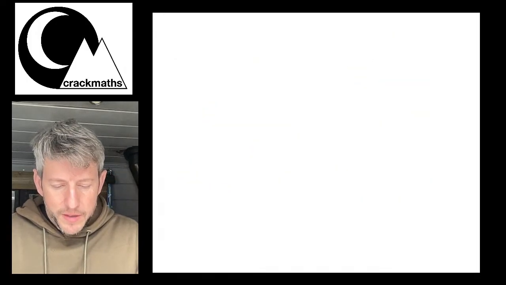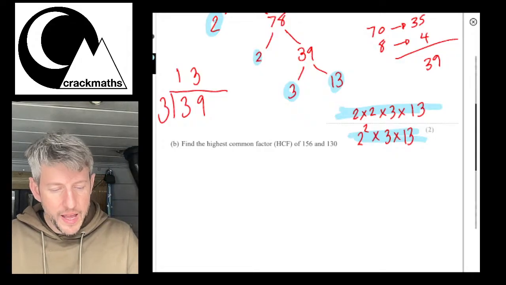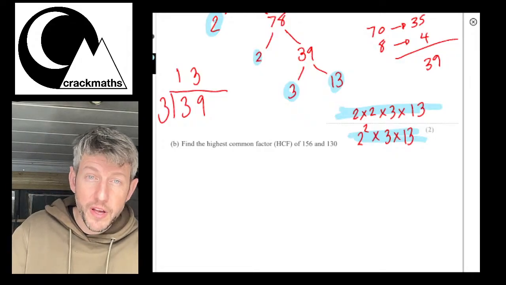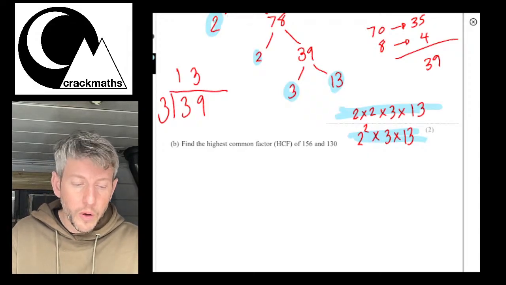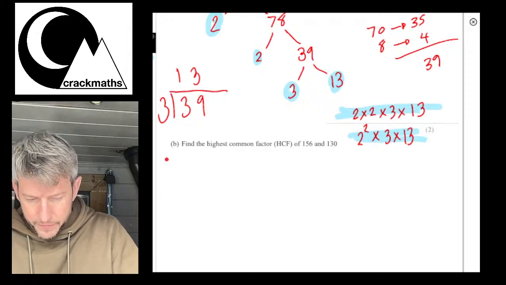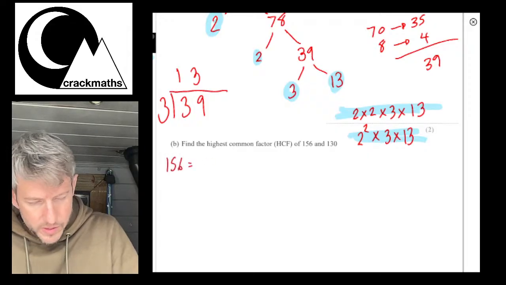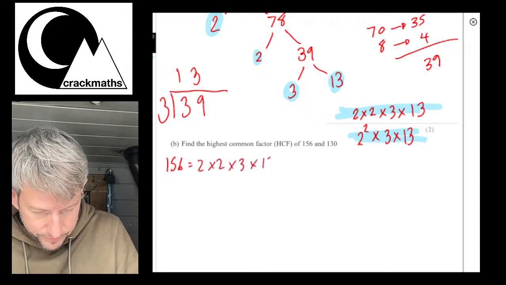Okay, right. Next bit, find the highest common factor of 156 and 130. So that means we've got to do the same thing again for 130. So I'm just going to write 156 out here. 156 equals 2 times 2 times 3 times 13.